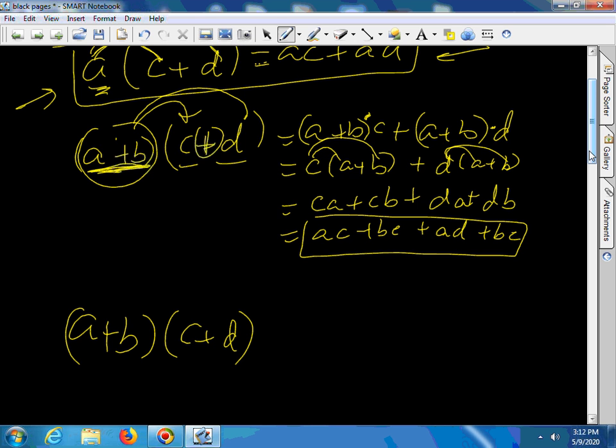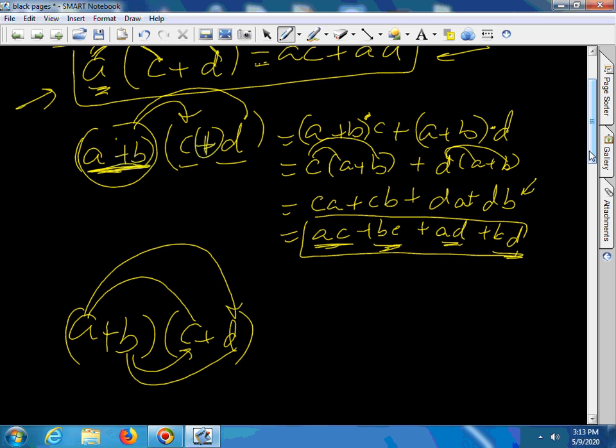The distributive law. Okay, A times C, well, that's there, plus A times B, well, that's there, plus B times C, looking good, that's there, and like this says, B times B, not sure what happened, plus that, which is this.